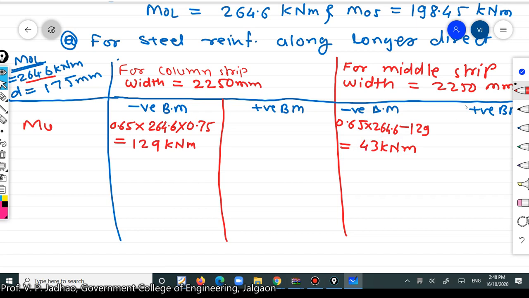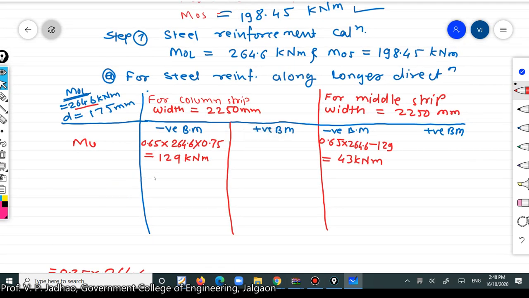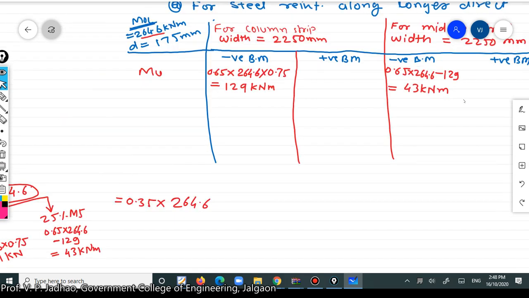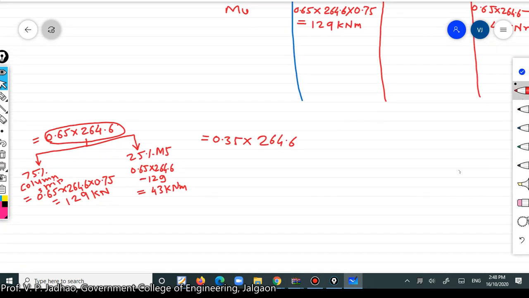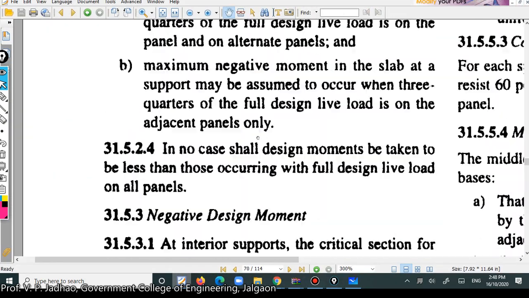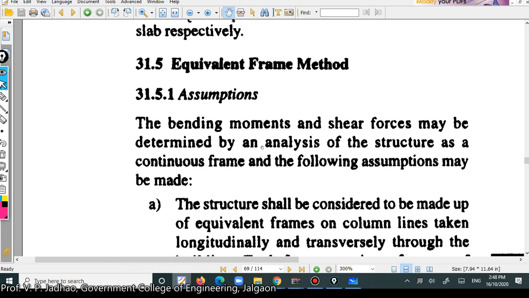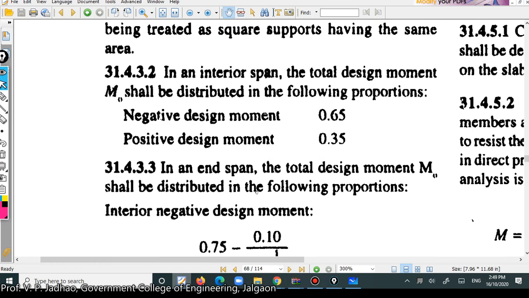Now for positive bending moment, again we have to go to this clause, that is this one.